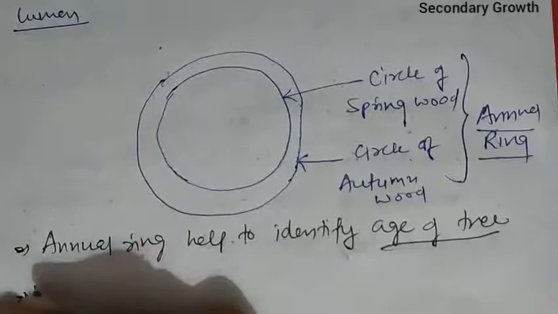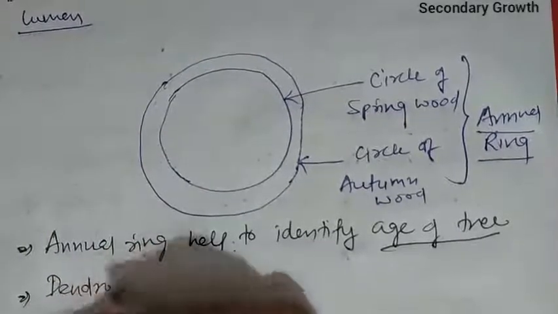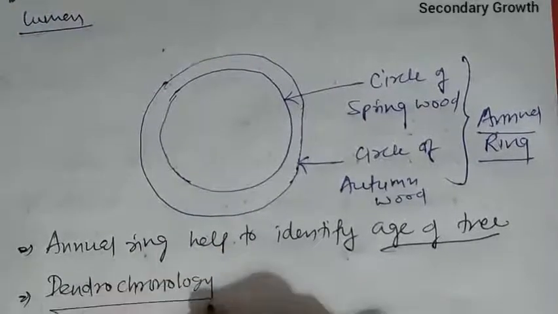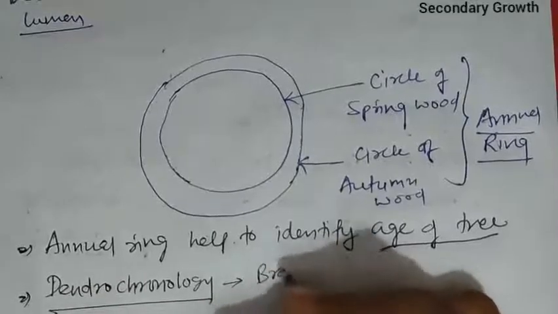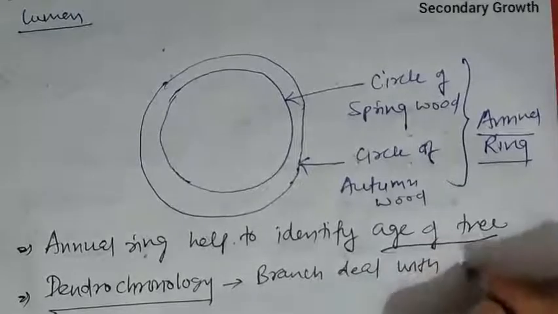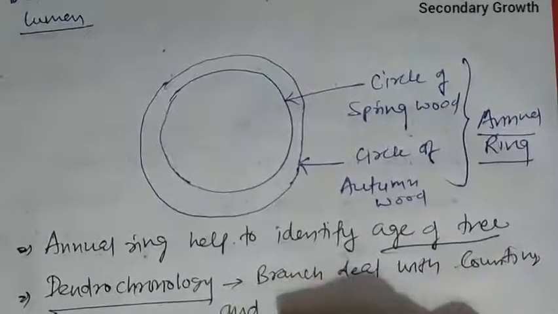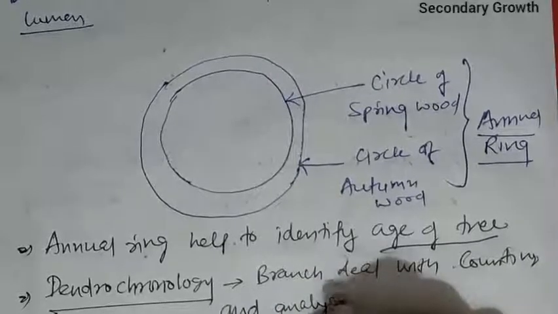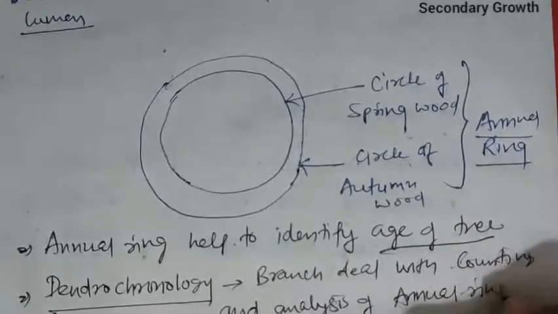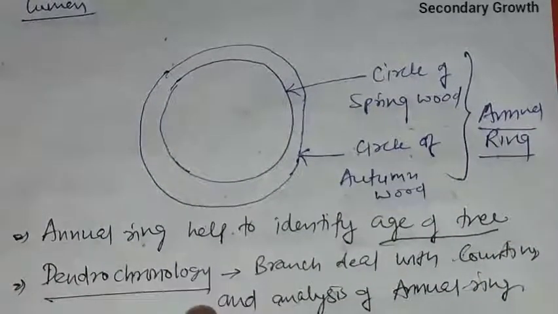And the branch which deals with this study and analysis of annual rings is known as dendrochronology. So dendrochronology is a branch dealing with counting and analysis of annual rings. Okay, so they work on the basis of this.